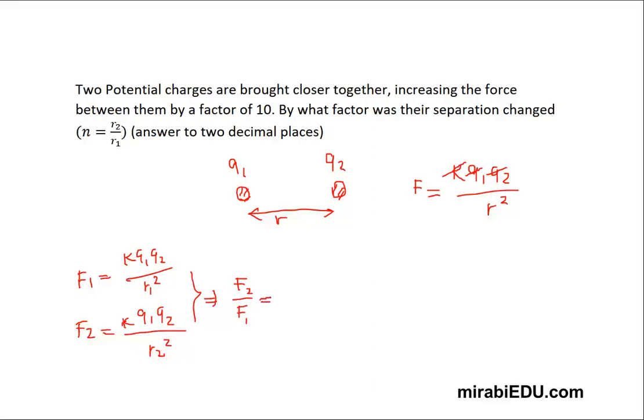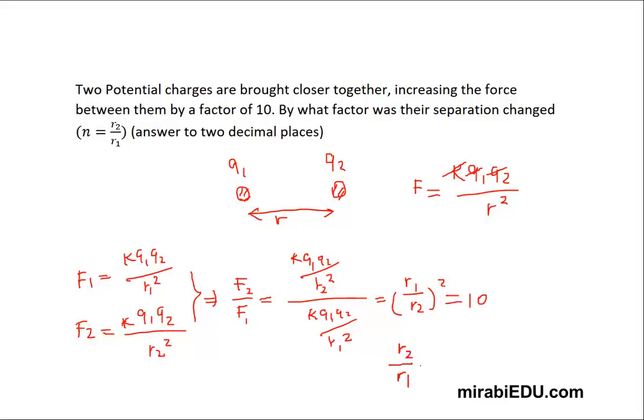So I will simplify this expression: K Q1 Q2 over R2 squared over K Q1 Q2 over R1 squared will be equal to R1 over R2 squared.